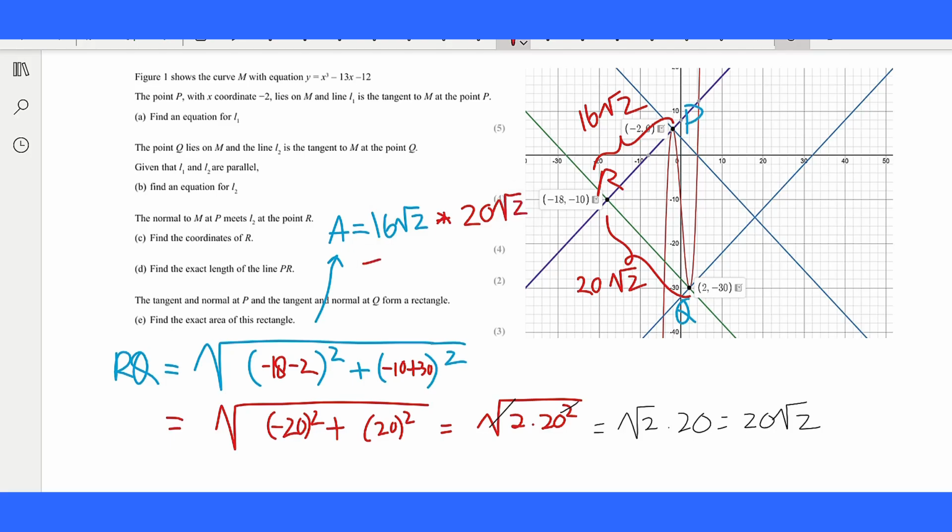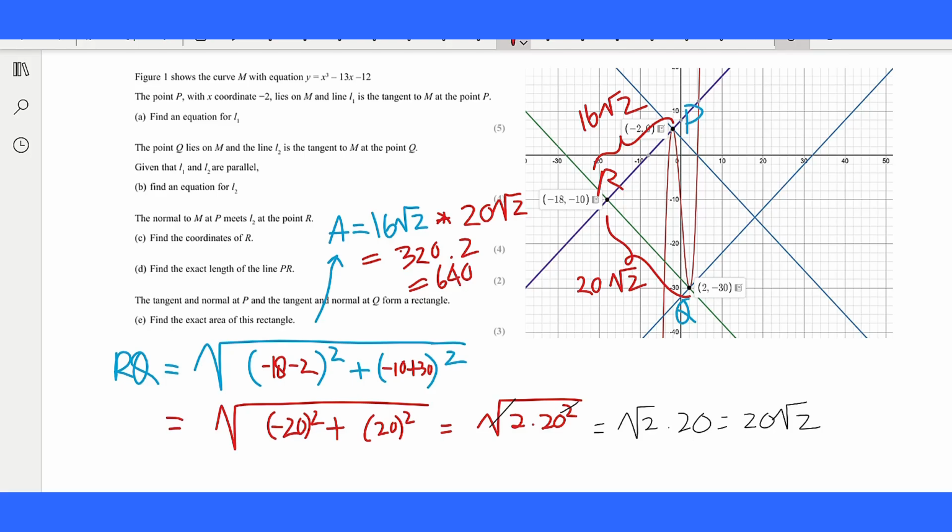Then we get 320, that is from 16 times 20, and root 2 multiplied by root 2 becomes 2, so we get 640 square units.